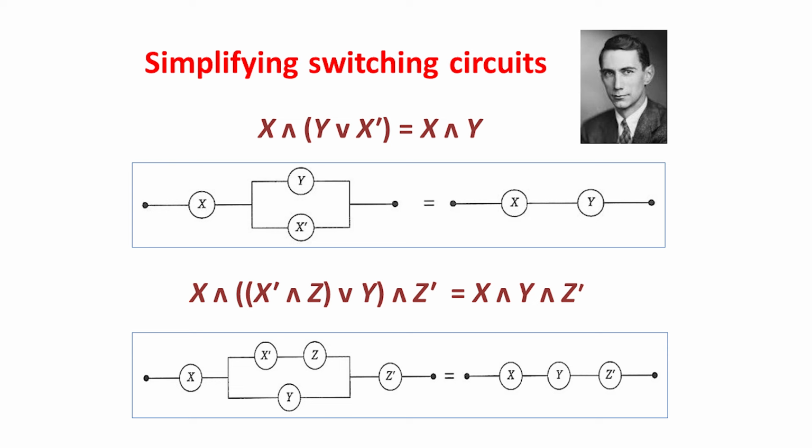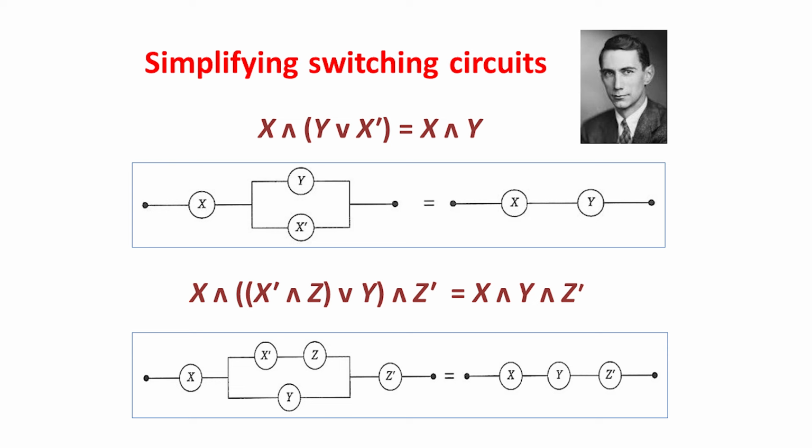But using our Boolean rules, we can show that this equals X cap Y. And so the circuit can be replaced by the simpler one of X and Y in series. So current can flow in this circuit only when both switches X and Y are on.